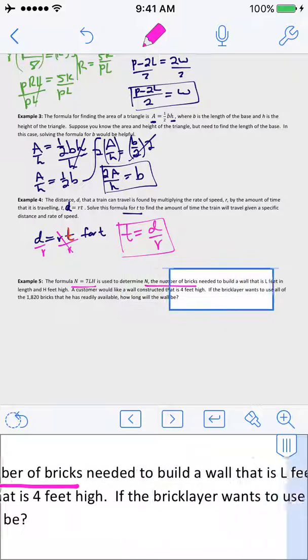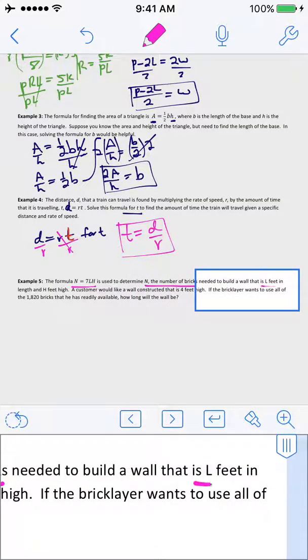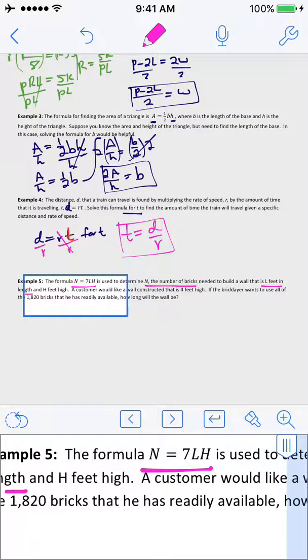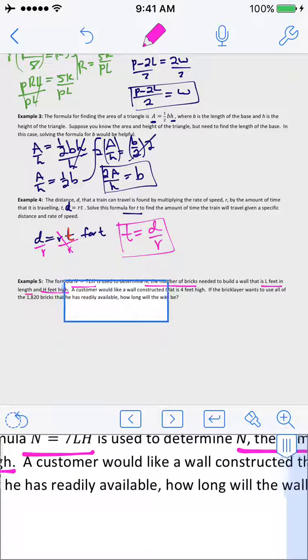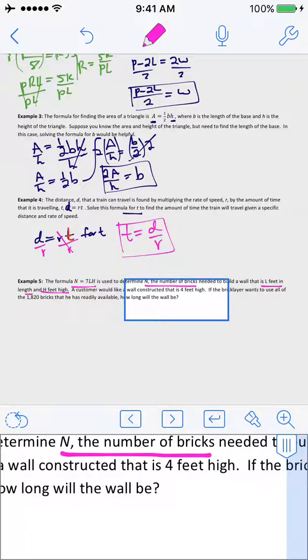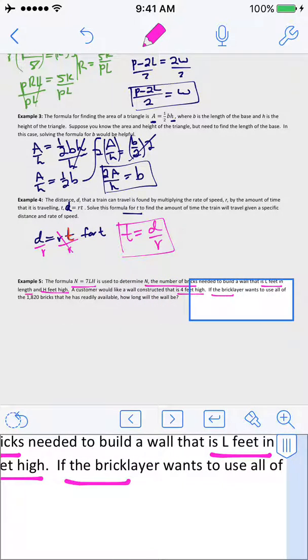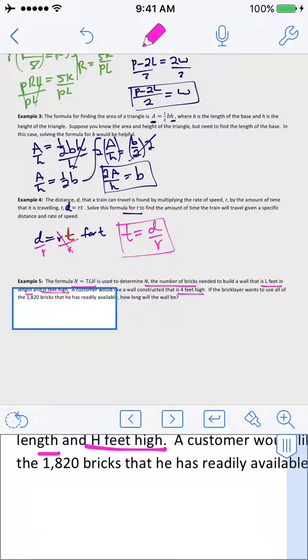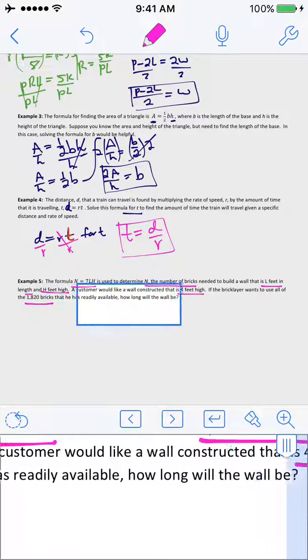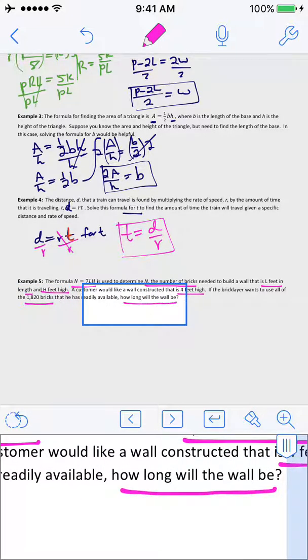N is the number of bricks, L is the feet in length, and H is the feet in height. A customer would like the wall constructed that is 4 feet high. If the bricklayer wants to use all 1,820 bricks that he has readily available, how long will the wall be?